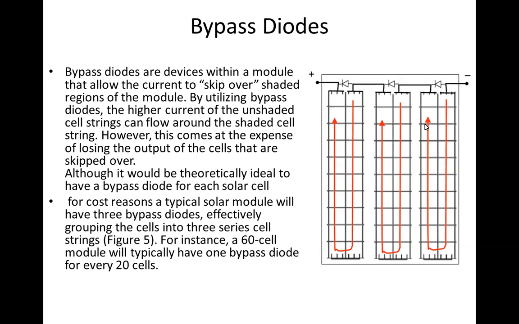Now the problem with this, even though it protects my panel, is that I will lose power, because if I have, for example, only these cells shaded, this diode will cancel this whole row. So I will lose the rest of the unshaded part of these rows.